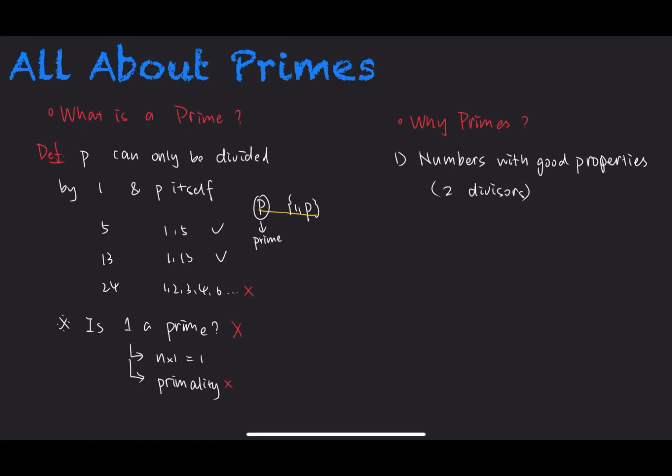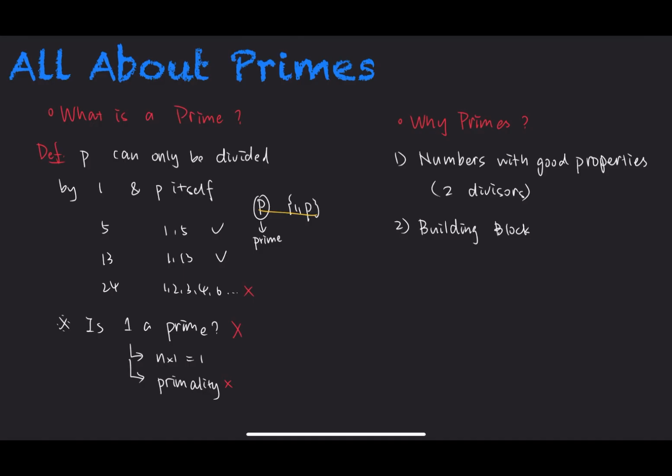And second, primes, when you think about it, are the building blocks of the entire system of integers. Why this one? Well, we'll go into it in more depth later in the section on prime factorization, but keep in mind that you can always form any integer by multiplying primes. Take 24, for example.